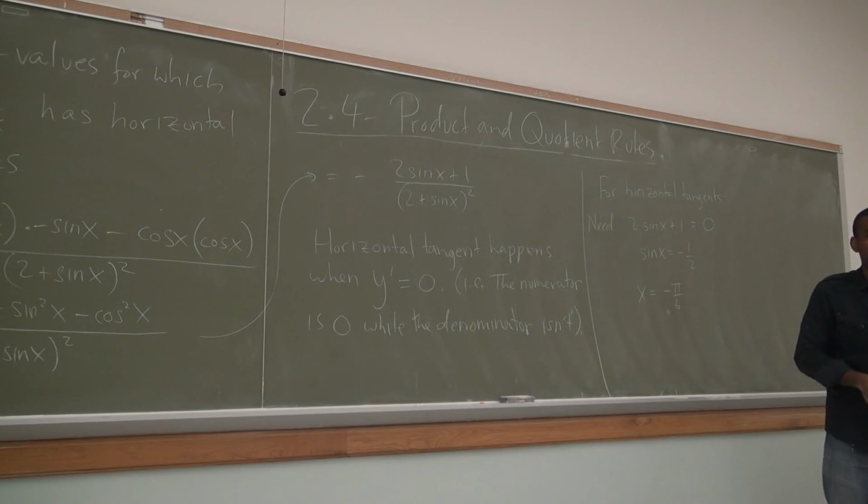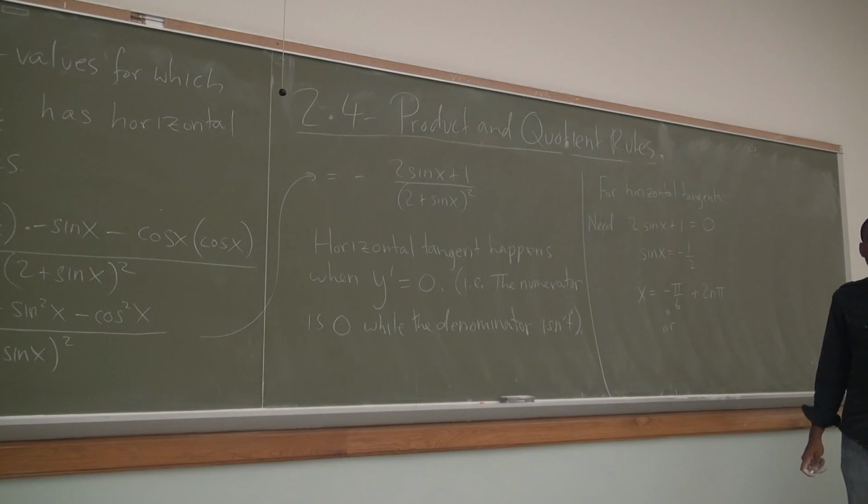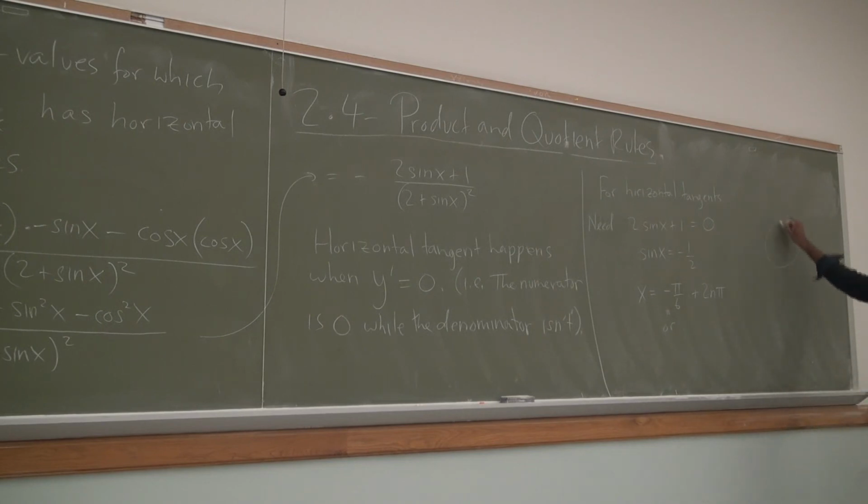Is that the only solution? It's going to be this, of course, with 2n pi, or what's the other possibility? All students take calculus. The first negative answer is in the fourth quadrant. This is where minus pi over 6 is.